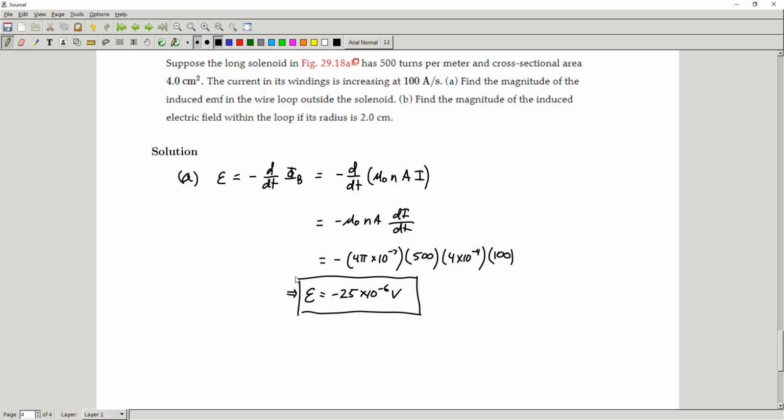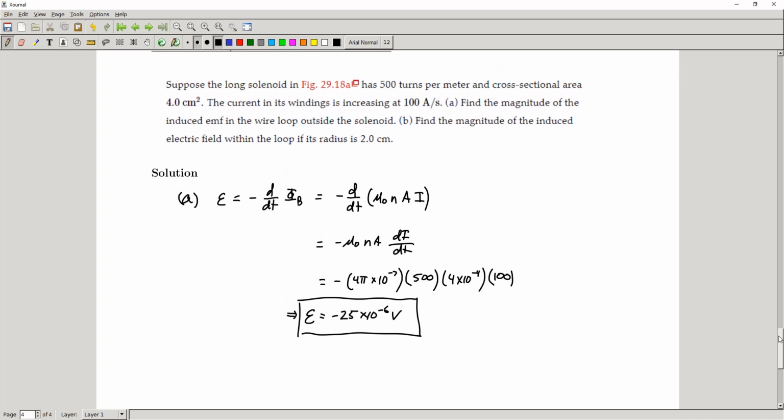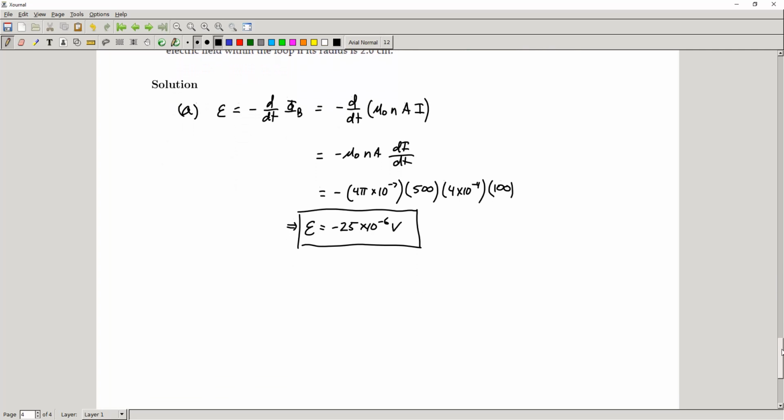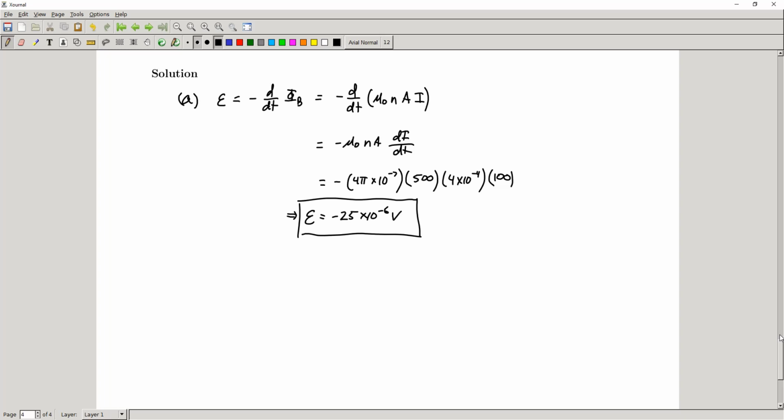Then in part B, we want to find the magnitude of the induced electric field within the loop if its radius is 2 centimeters. To find the electric field, we can use our new formulation of Faraday's law, which we have to remember only applies to stationary conductors. So in part B, we're going to make use of this expression, which is equal to this.